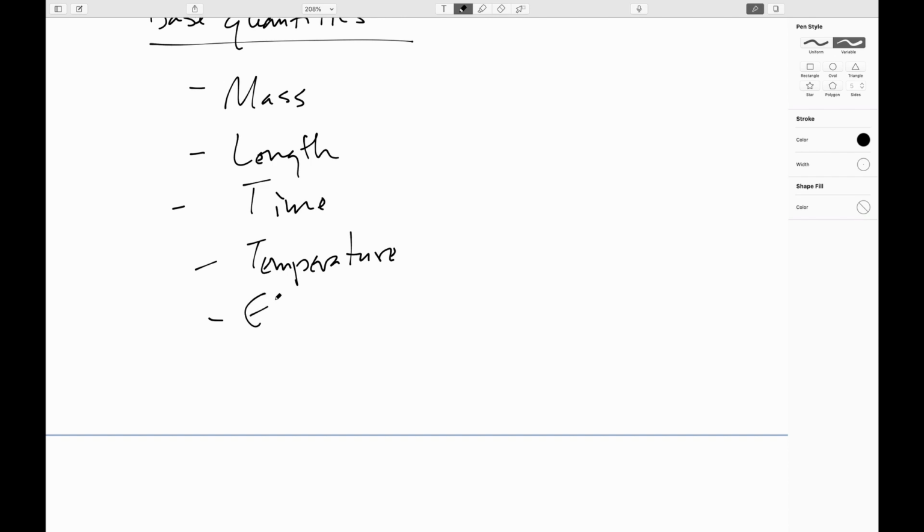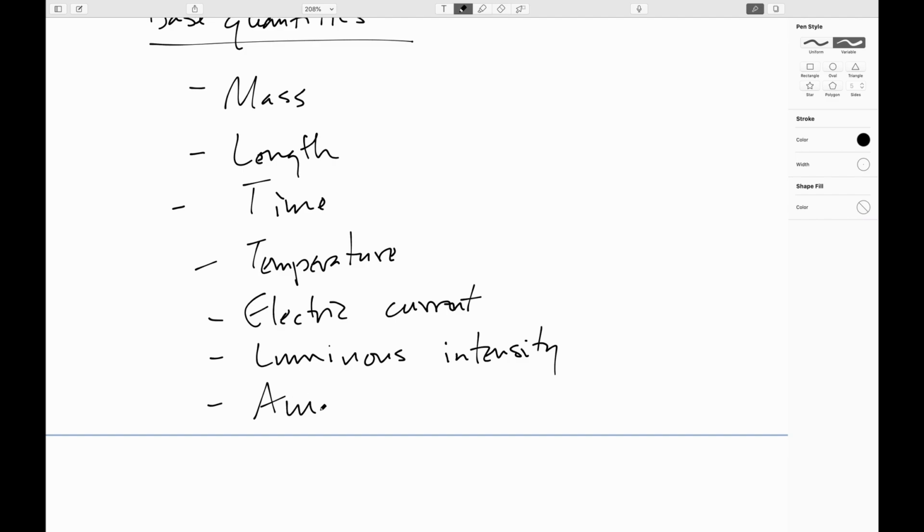There will be electric current in the next course. Luminous intensity, sort of. And again, in this course, we will get back with the amount of a substance.